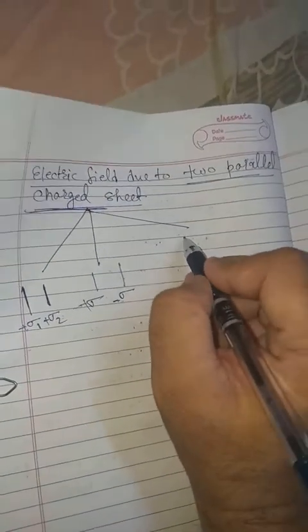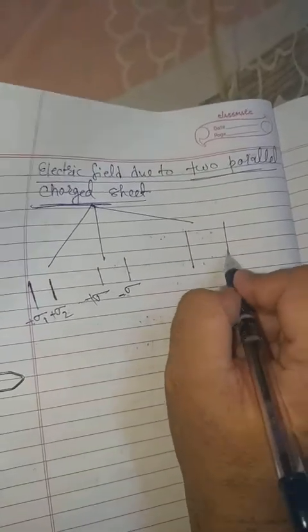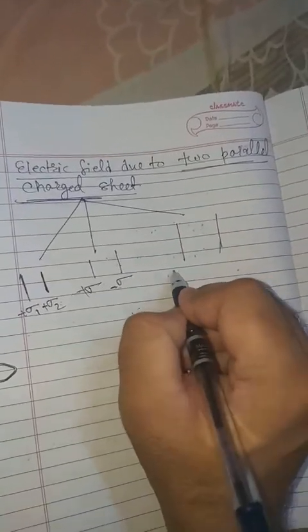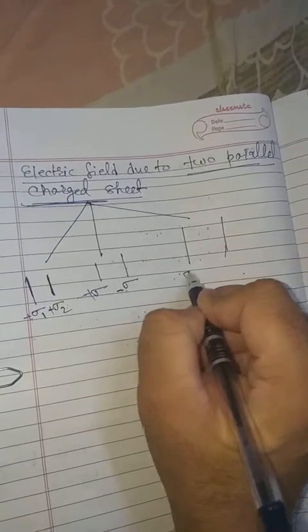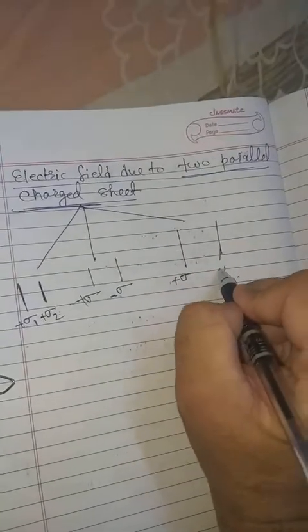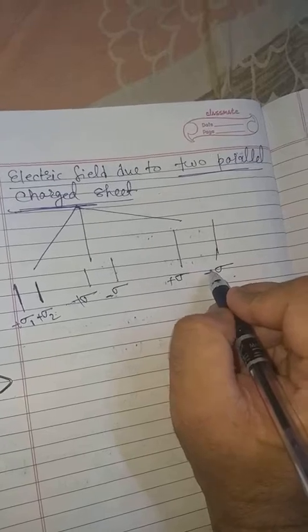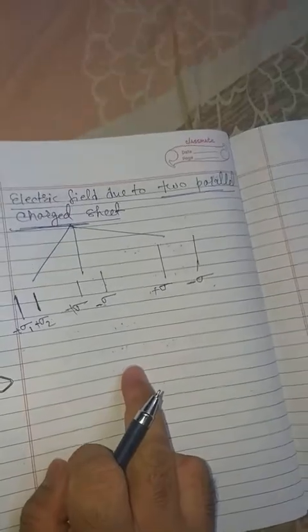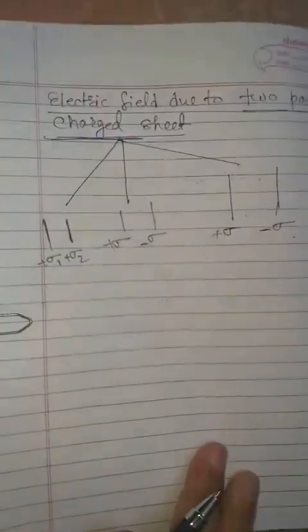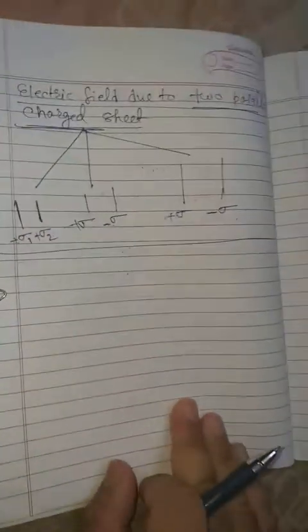Or another case, both the sheets have positive or negative with the same charge density. Three cases may arise. So here we will discuss only one case, and on the basis of that case we can find the other cases.